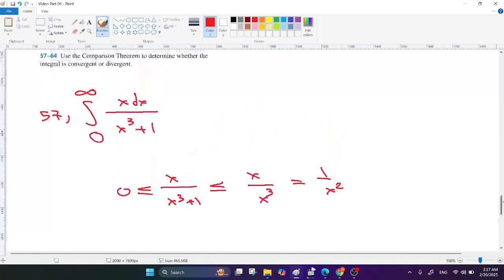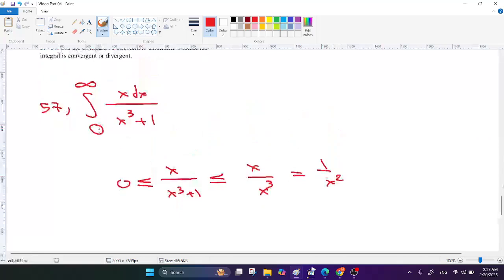Remember here, we are integrating from 0 to infinity. So these functions are positive from 0 to infinity. When x is greater than 0, less than infinity, you can go to any positive number, and these functions will be positive, okay?